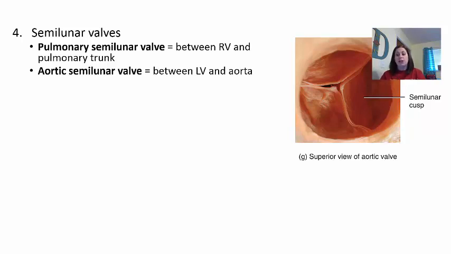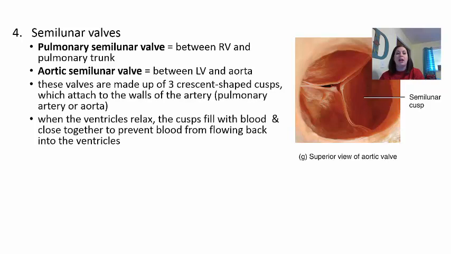And this shows you a picture of what these semilunar valves look like. Now, these valves are made of 3 crescent-shaped cusps, and they attach to the walls of the artery, whether it's the pulmonary artery leading to the lungs or the aorta, which is the main artery leaving the left side of the heart. When the ventricles relax, these cusps fill with blood and they close together.